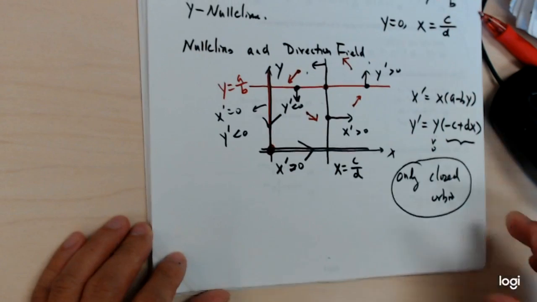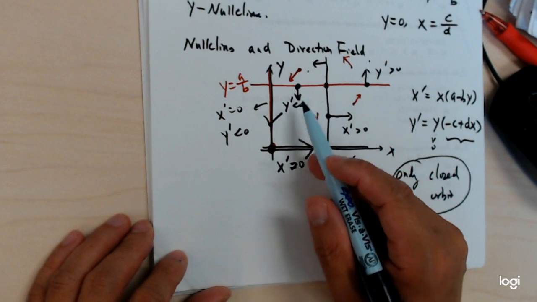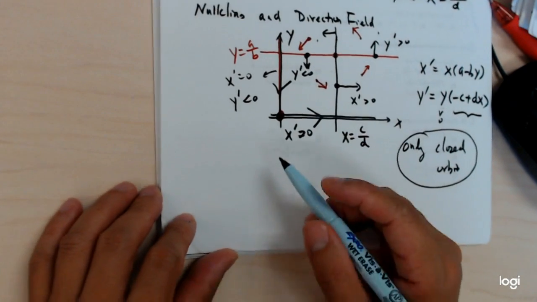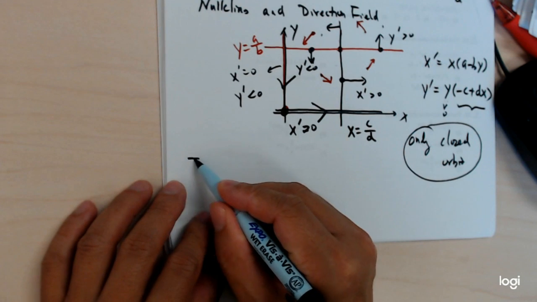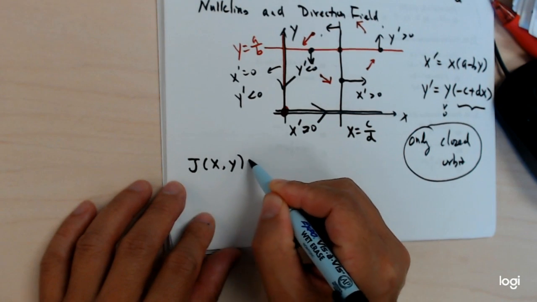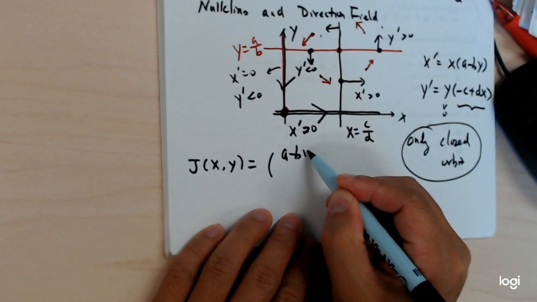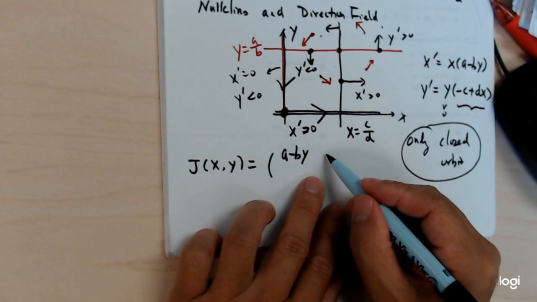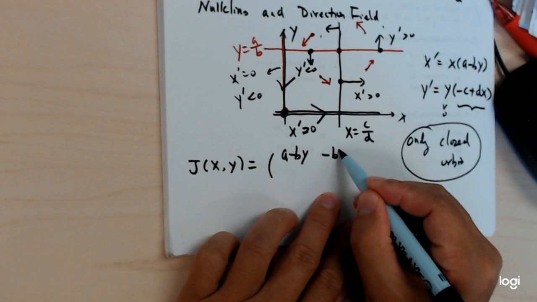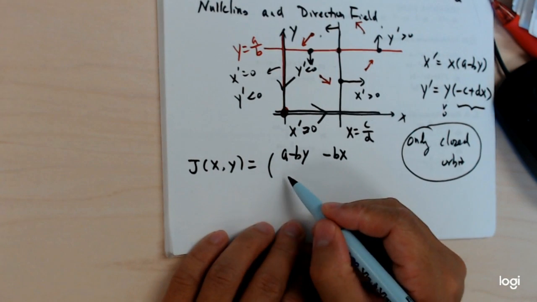So as usual, we can study the local behavior by using the Jacobian matrix. You can easily calculate this. Partial derivative with respect to x, partial derivative with respect to y.